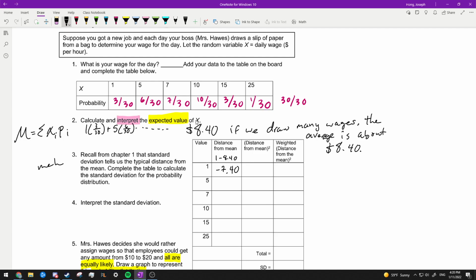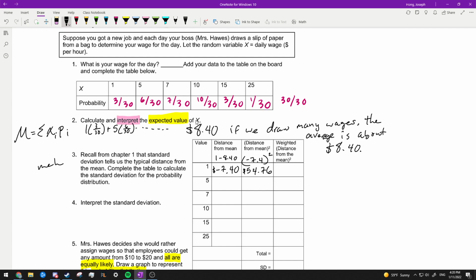So I have this negative 7.40, and now they're asking us to find the distance squared. What is negative 7.4 squared? Well, that's $54.76. Oh my gosh, I'm not okay.